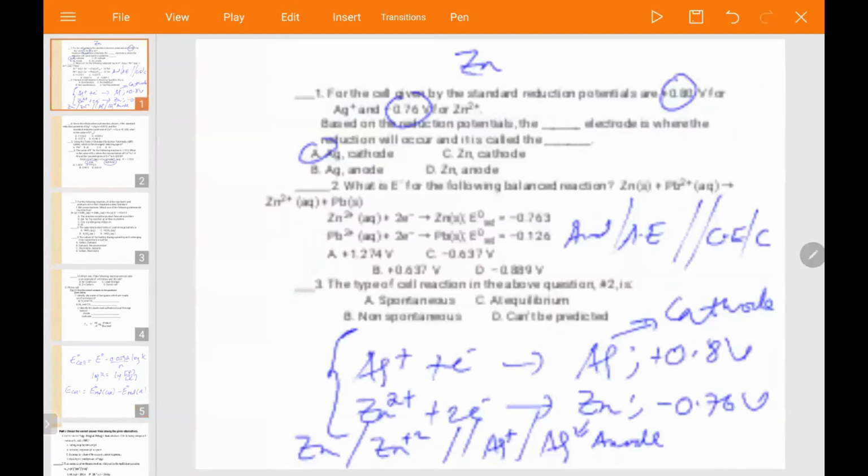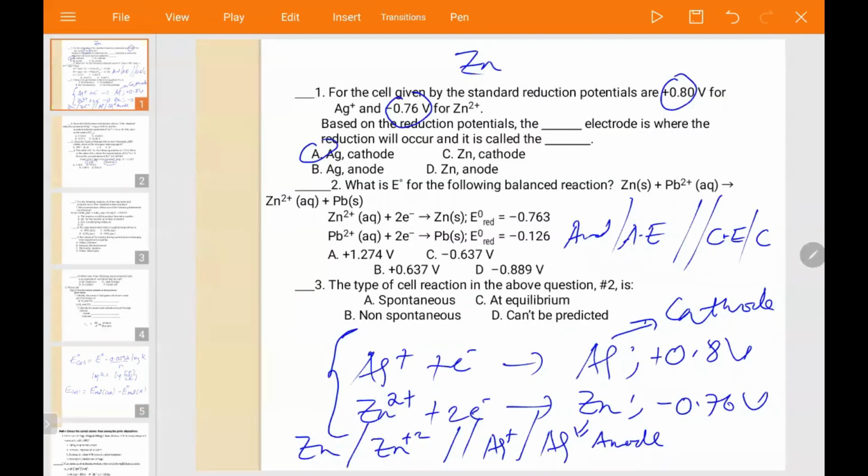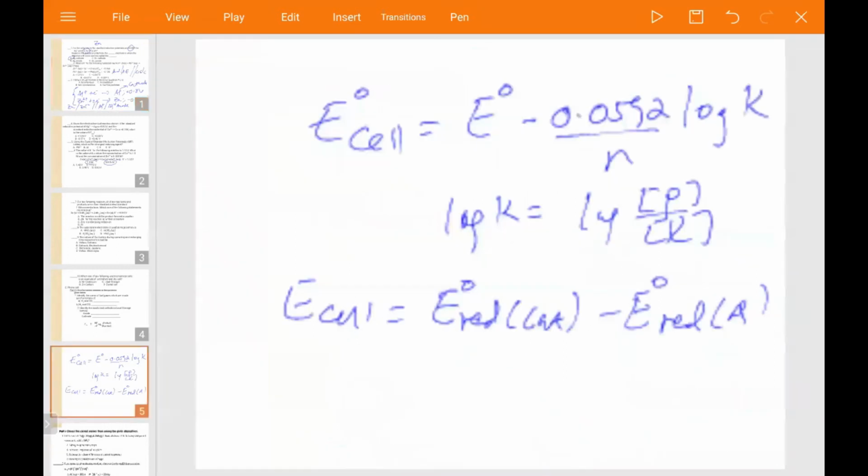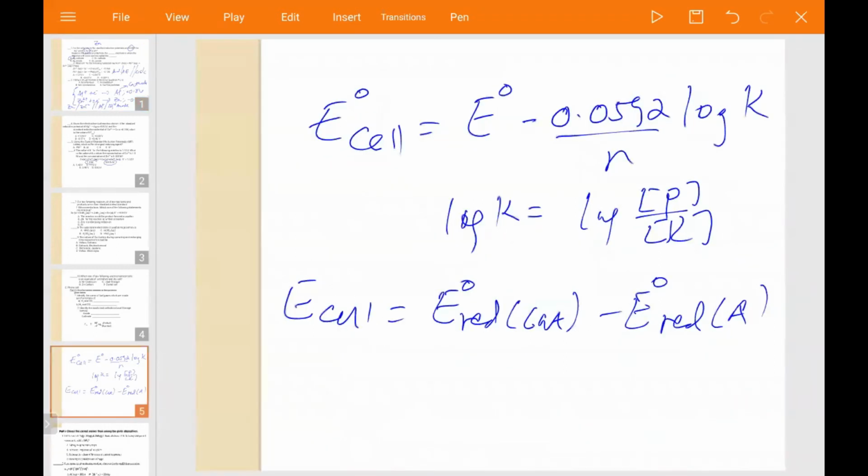Here the reduction potential is already given: zinc 2 plus to zinc, this is the value; lead 2 plus to lead, it is this. But the question is which one is the reduction potential at anode and which one at cathode. Someone tell me, this must be identified to apply the formula. Which one is anode, which one is cathode? First tell me please.